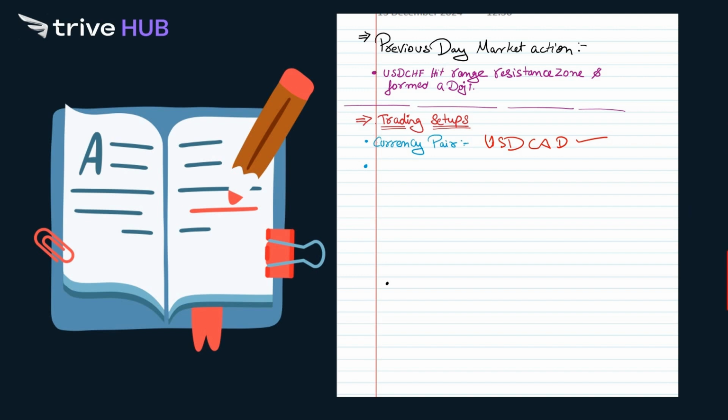Then you have to write down its trend. What is its weekly trend? The weekly trend is upside, it's bullish in nature. Then you have to identify its daily trend, and we have seen it is also upside. On the trading time frame, as I have mentioned, 30-minute will be my trading time frame, it is range bound as of now.